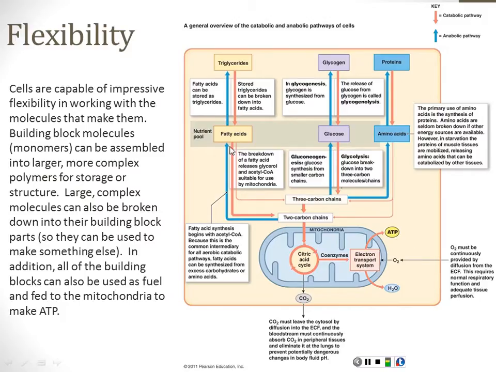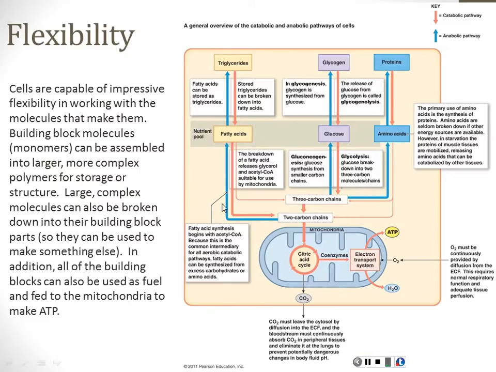Fatty acids can be broken down into 3 carbon chains and 2 carbon chains, which then get fed into the mitochondria. Mitochondria are picky eaters. They can't eat big molecules, only small molecules. So in order to feed the mitochondria and get ATP out, all of the nutrients have to be broken down into these 2 and 3 carbon chains, little pieces.